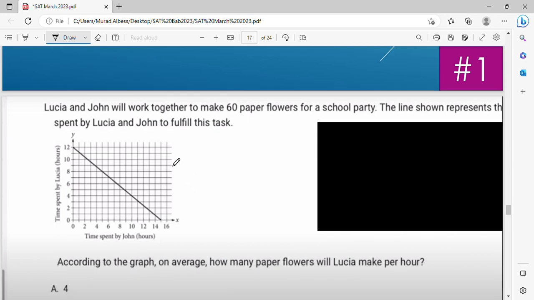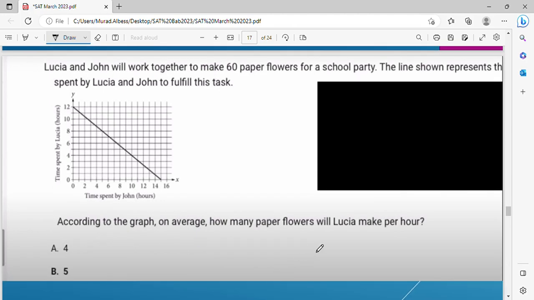Lucia and John will work together to make 60 paper flowers for the party. The line shows the time spent by Lucia and John to fulfill this task. According to the graph, on average, how many paper flowers will Lucia make per hour?